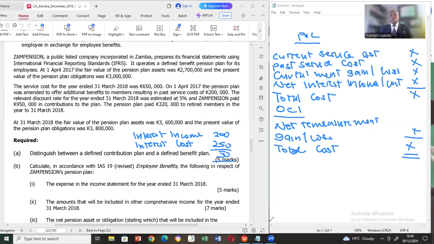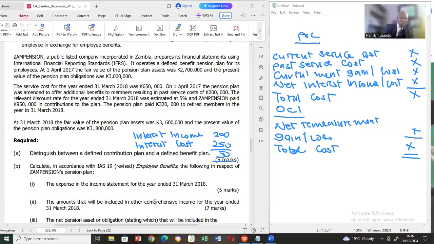So this is what goes to P&L, and this is what goes to OCI. The net remeasurement gains and losses are not recycled to the P&L. They will remain permanently in the equity. So that is part of the explanation.